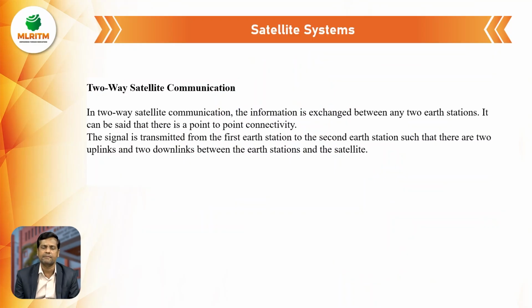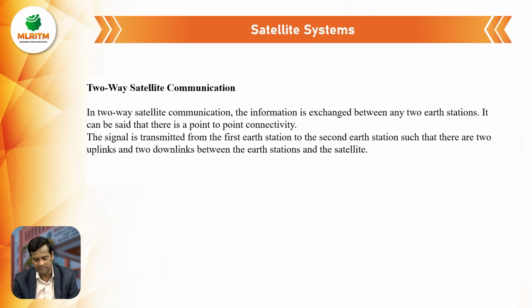In one-way satellite communication, the signal is unidirectional, right? In two-way satellite communication, the information is exchanged between any two Earth stations. It can be said that there is point-to-point connectivity.